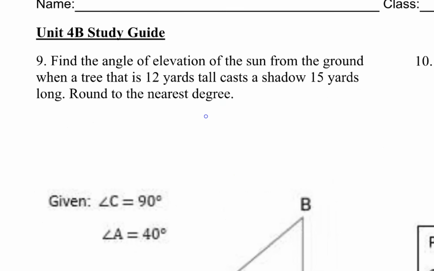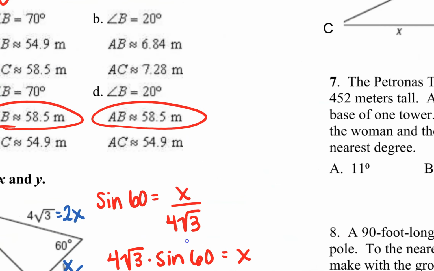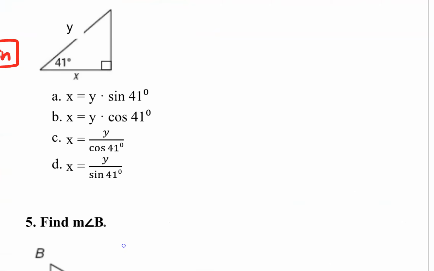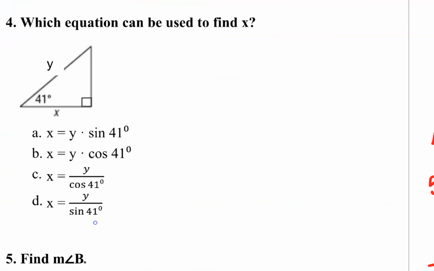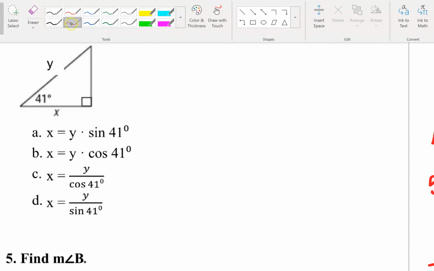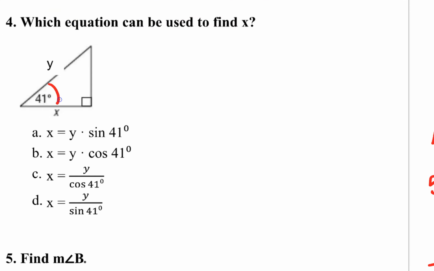All right, so, oh, wait, I'm going in the wrong order. Let me go this way, 4. Okay, so I'm going to go back to red. I'm going to look here, this is the adjacent side, this is the hypotenuse.